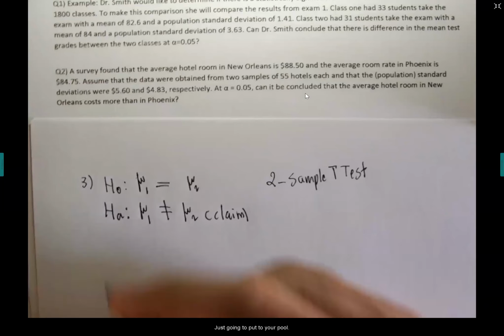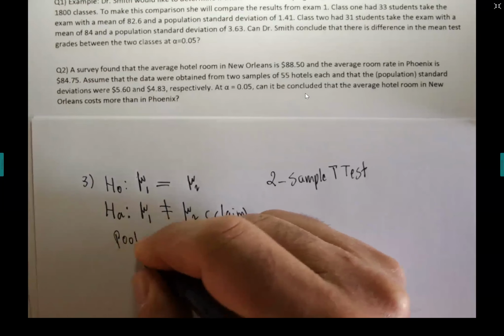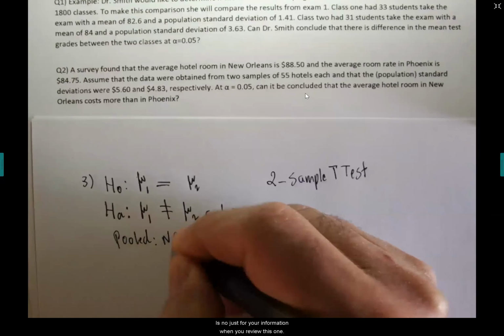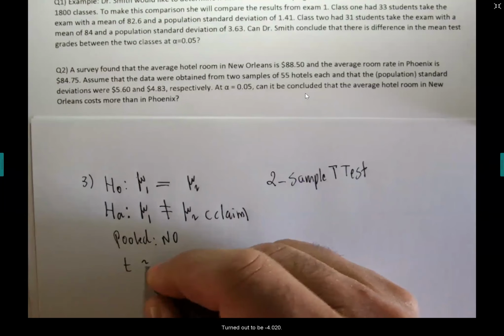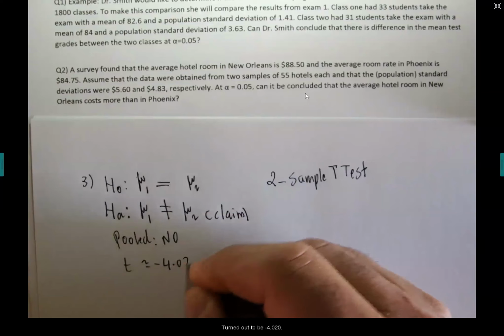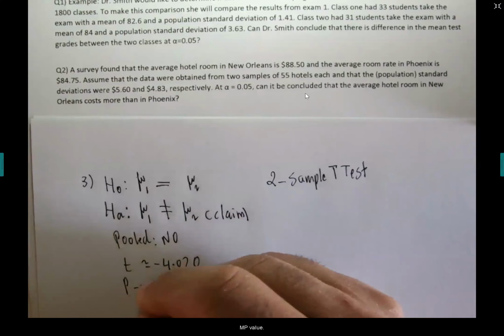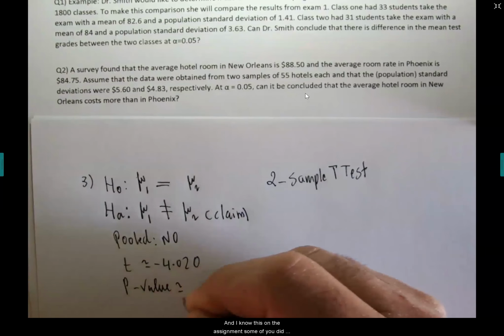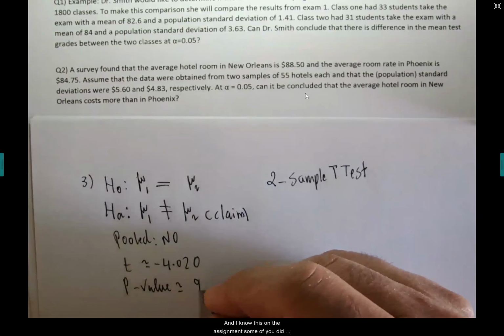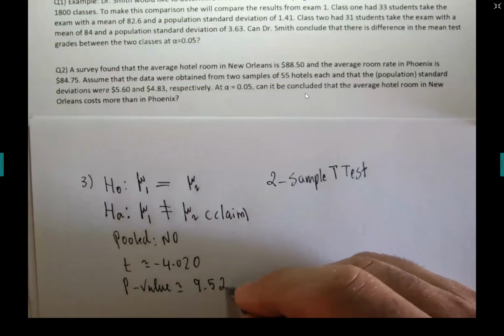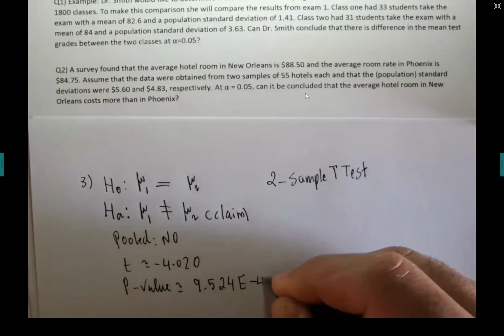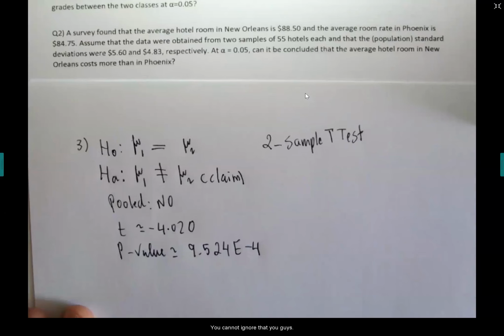So I'm just going to put here pooled is no, just for your information when you review this one. T turned out to be negative 4.020 and the P value. I notice on the assignment, some of you did not pay attention to the E. You cannot ignore the E, guys.